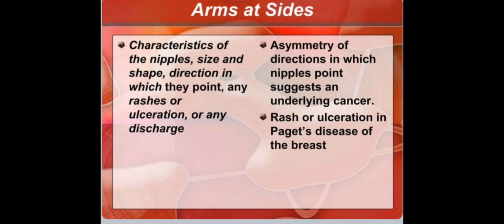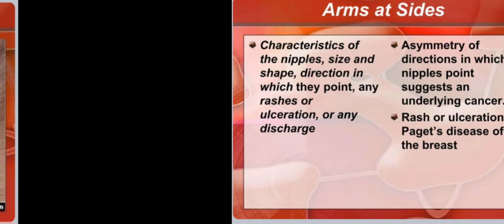So, characteristics of the nipples: the size and the shape, and the direction in which they point. You have to check that kasi may mga nipple po na hindi naka-point outward. Meron pong nasa loob. So, you check for any rashes, ulcerations, or any discharges. Abnormal can be asymmetry of directions in which the nipple points, suggesting underlying cancer, rash or ulceration, and Paget's disease of the breast.